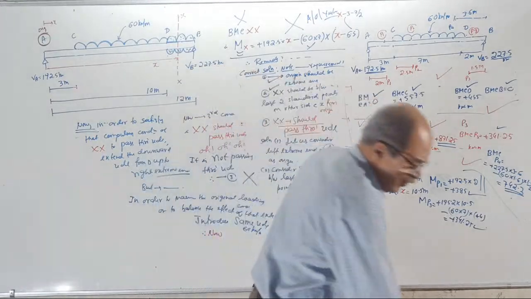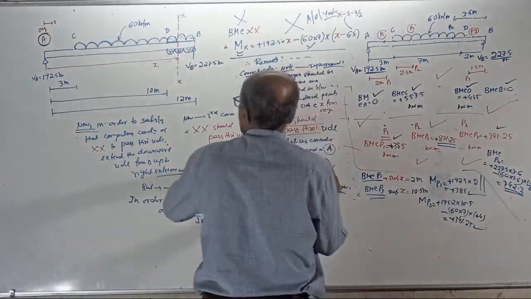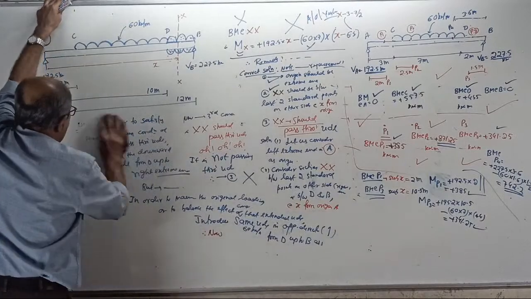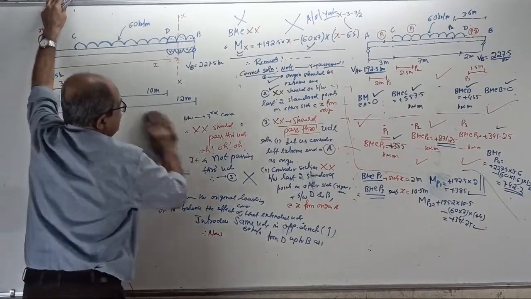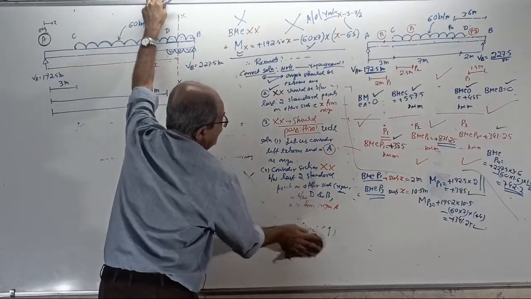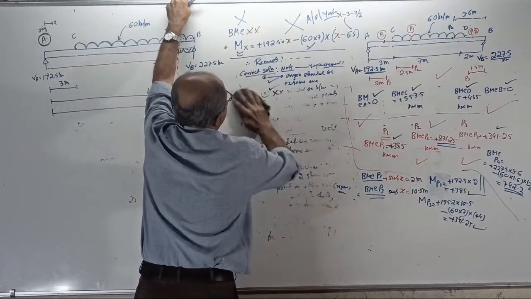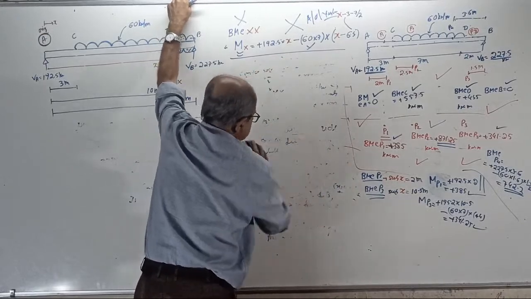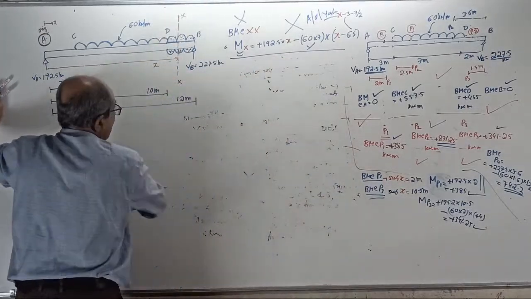Now we will write the equation for BM at section XX. You have to wait a little time because the ink color is a problem. It should dry up, maybe 2-3 minutes. By that time I will explain something.